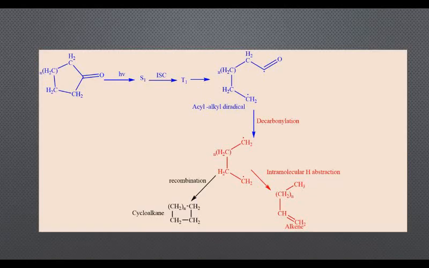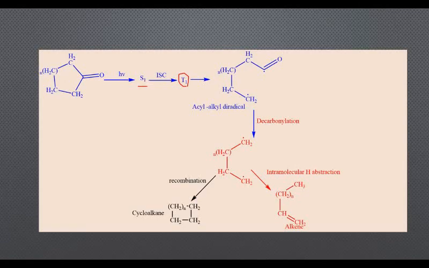Here we have a saturated cyclic ketone. This CH2 n shows that it can be 1, 2, 3, 4 or whatever the number of carbons we have. In the presence of sunlight, singlet state is formed, then intersystem crossing will lead to the triplet state. So the diradical is formed, of which one is acyl and one is alkyl.